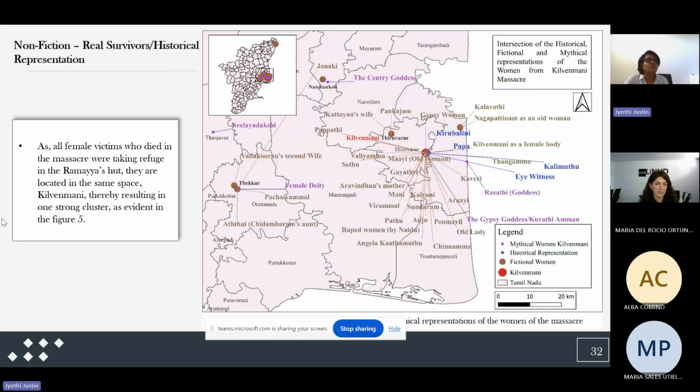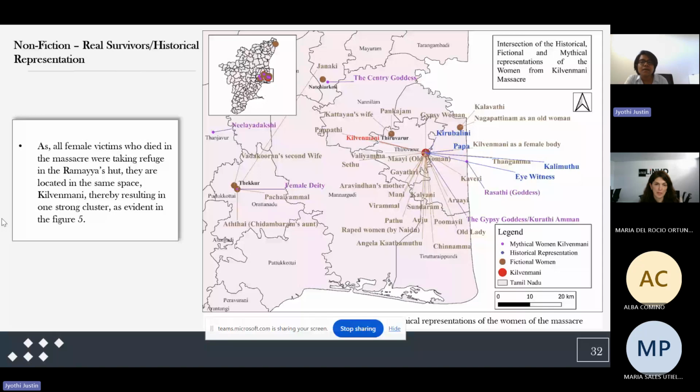To look at the non-fictional or real survivors, we can see that all female victims who died in the massacre, since they were all taking refuge in Ramaya's hut where they were killed, are all located in one particular location. But the presence of fictional women makes the distribution more scattered.